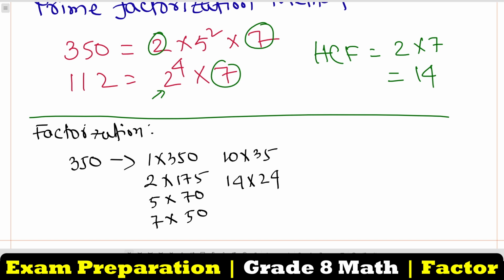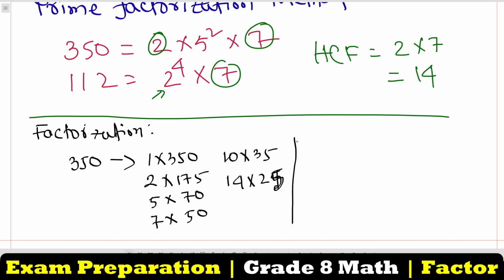No. 16, maybe not. 18, no. We can stop here. 20? No, not possible. What about 25? Let's check. 350 divided by 25 is 14. So here is the 25.